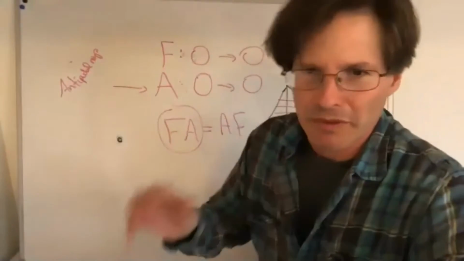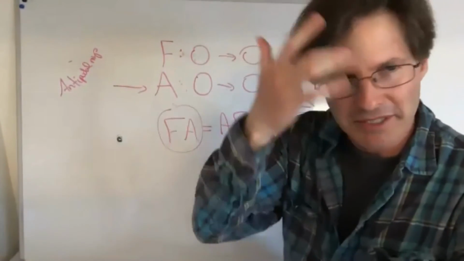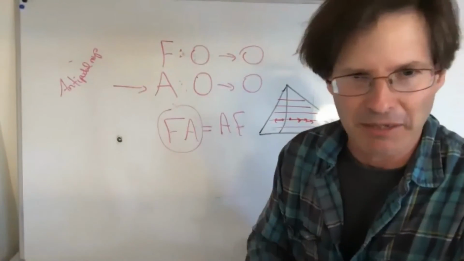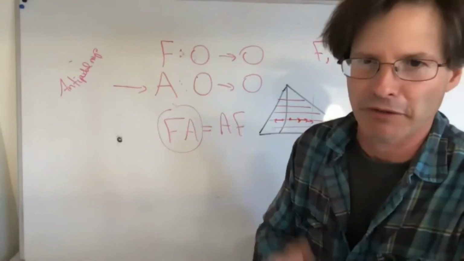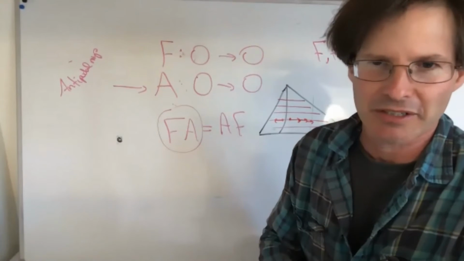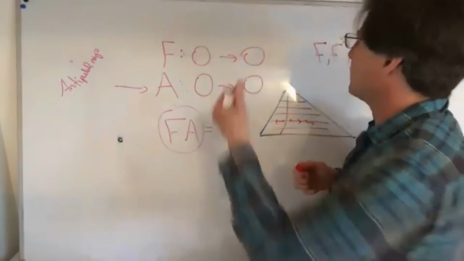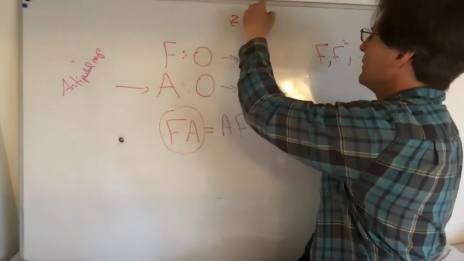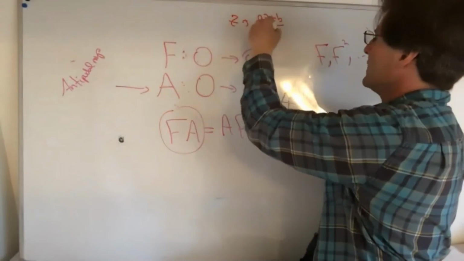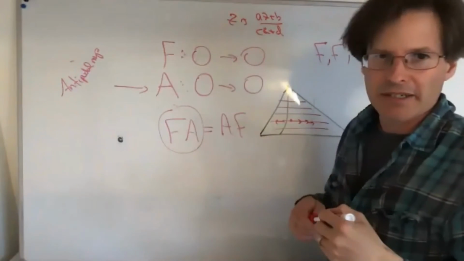If some of you have taken a class in complex analysis or in hyperbolic geometry, you may have heard about things called linear fractional transformations. They're maps of the form z goes to az plus b over cz plus d.